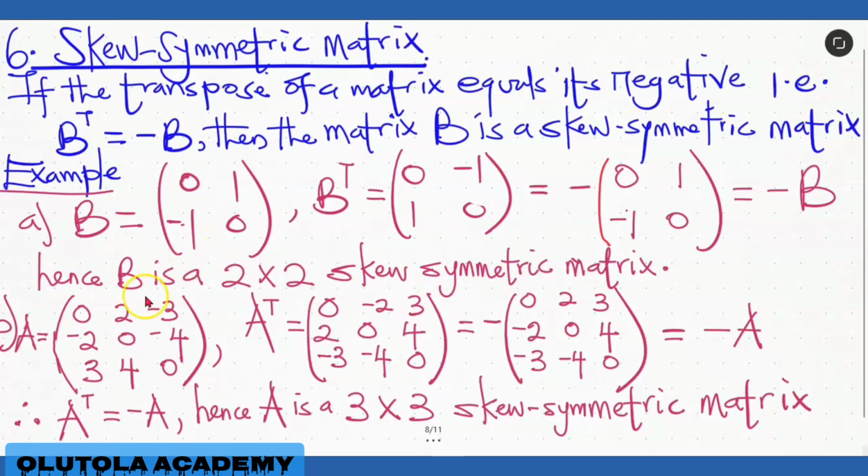Let's look at the 3 by 3 square matrix. A is given as this, then the transpose is this.